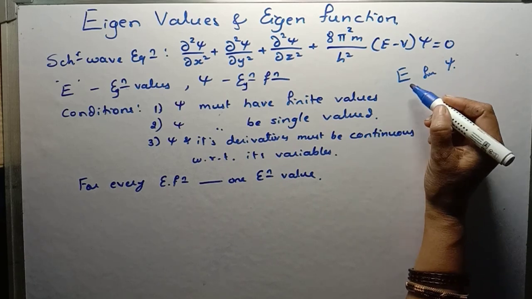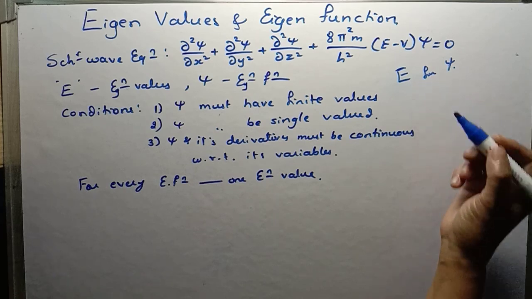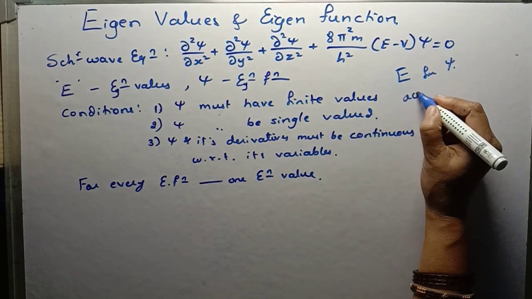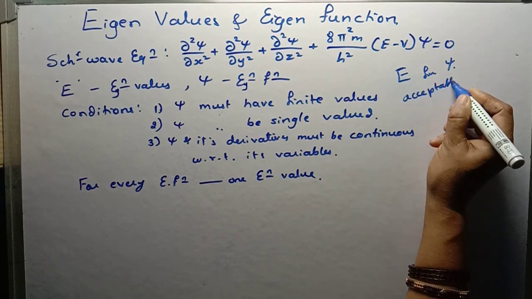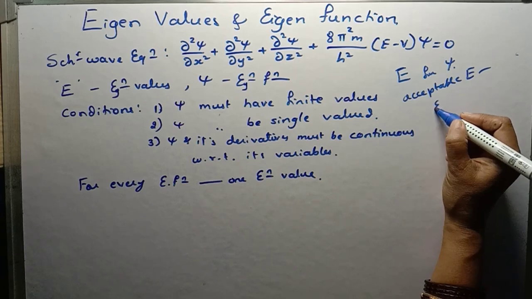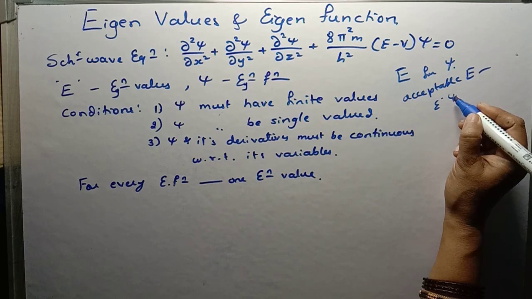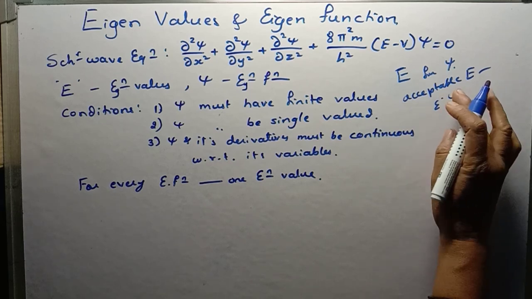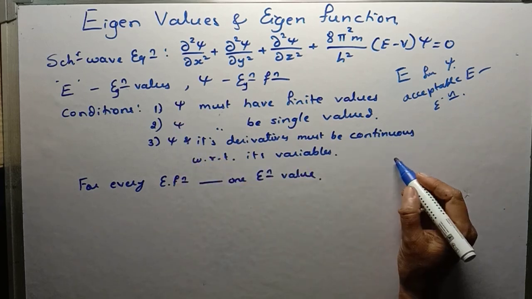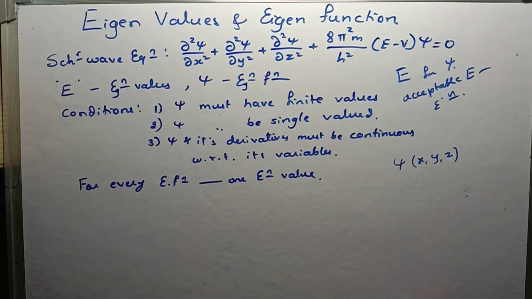Now the values of E which are acceptable are said to be eigenvalues, and the corresponding psi are said to be eigenfunctions. The psi can be defined by taking x, y, z coordinate values.